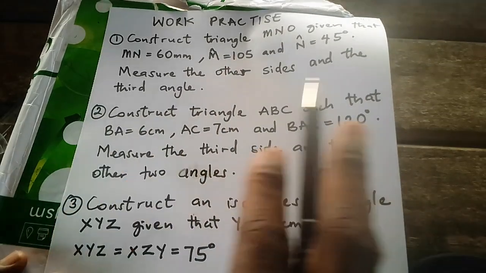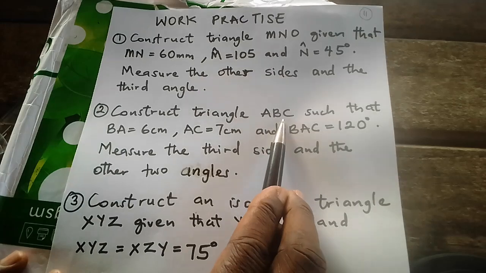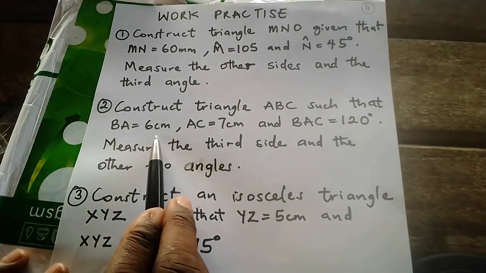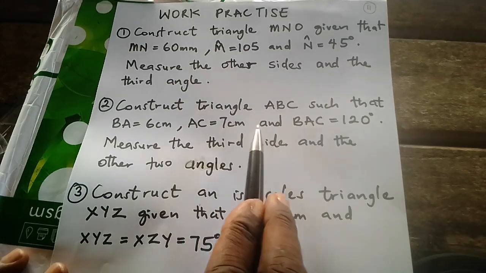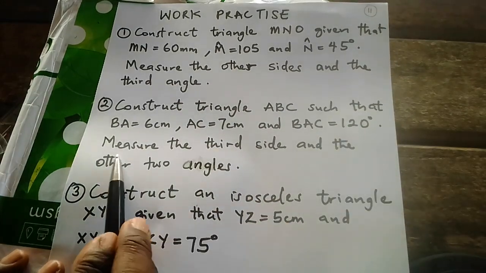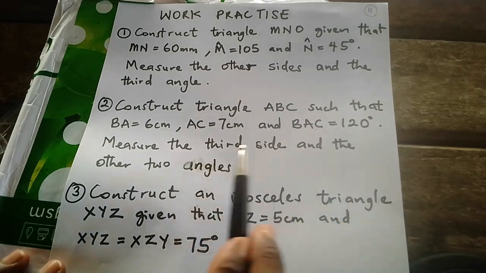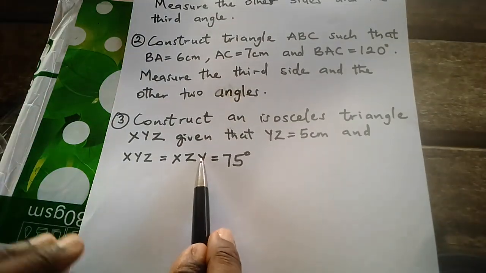Question 2. Construct triangle ABC such that BA is 6 cm, AC 7 cm, and angle BAC is 120 degrees. Measure the third side and the other two angles. Question 3.